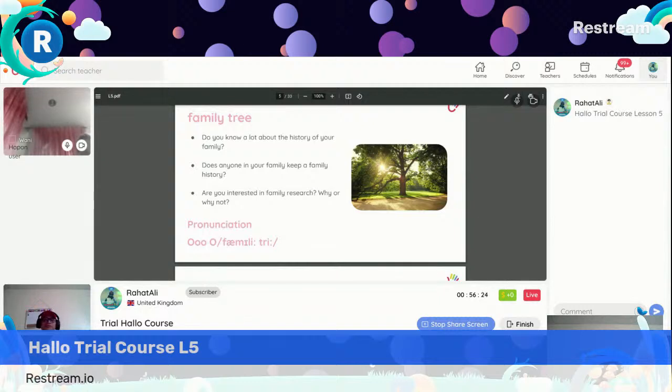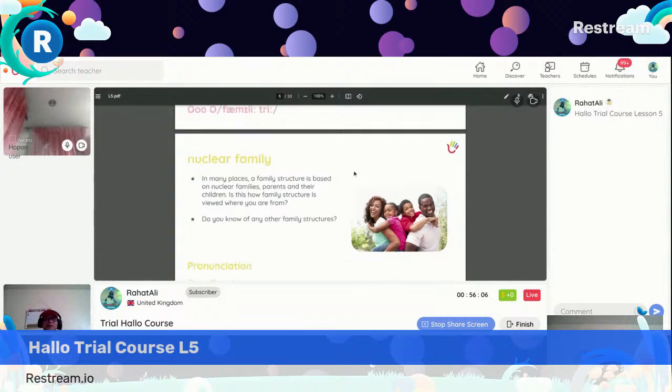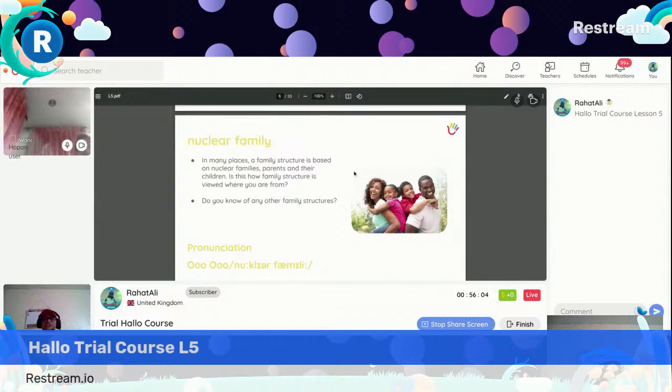Okay. So the first pronunciation is family tree. The family tree. That's right. Cool. So in this lesson, we are going to discuss different kinds of families. First one is nuclear family, and I'm sure you know it. In many places, a family structure is based on nuclear families.